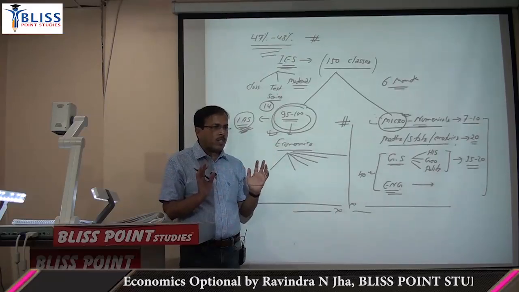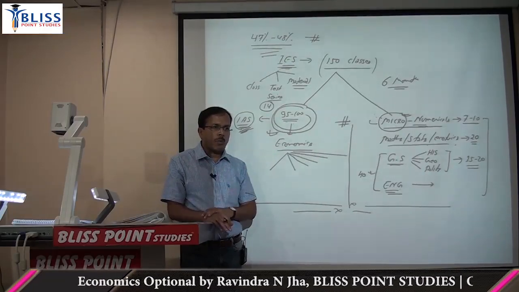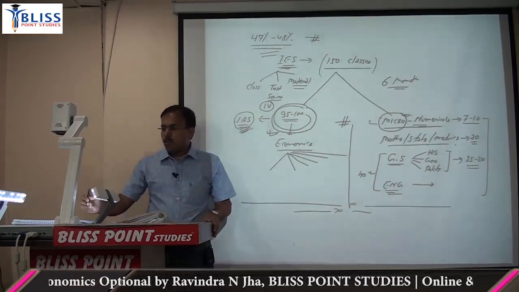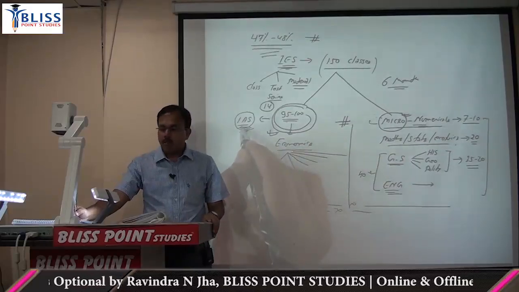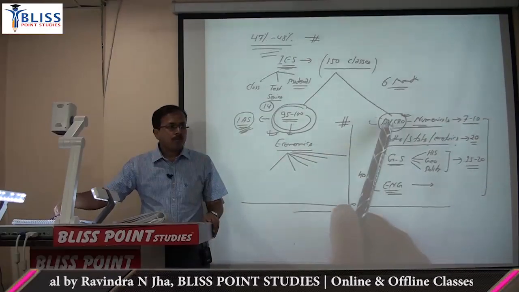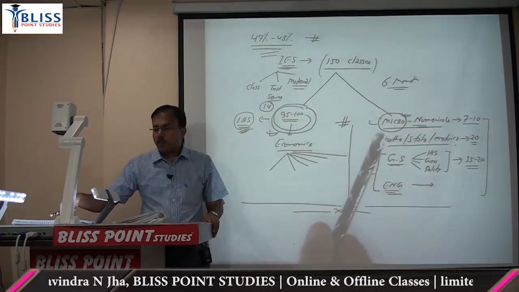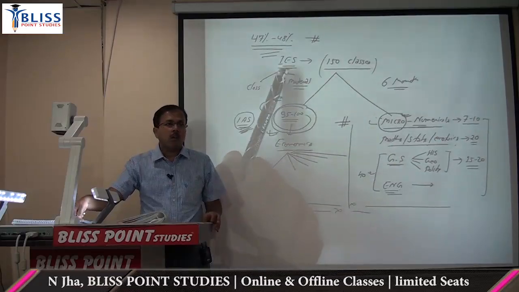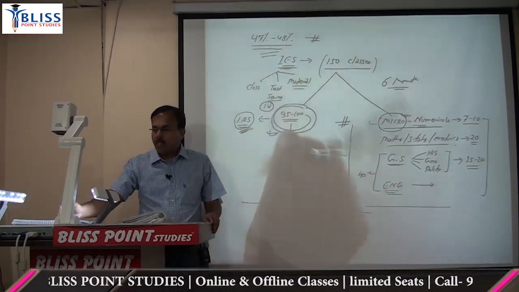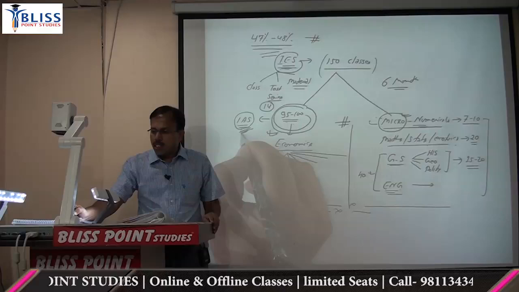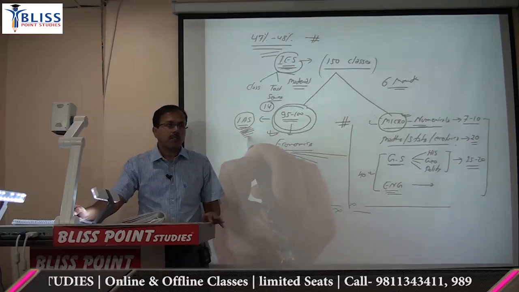So it means you have prepared for that topic as well. But any students who are taking only AS, for them these things are extra to be covered to attempt the economic service exam. But if any student is taking IES, then this entire class is basically covered. Clear?